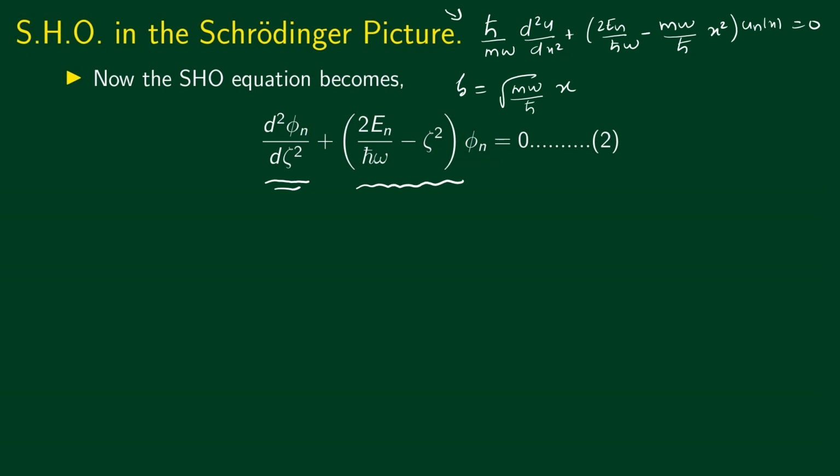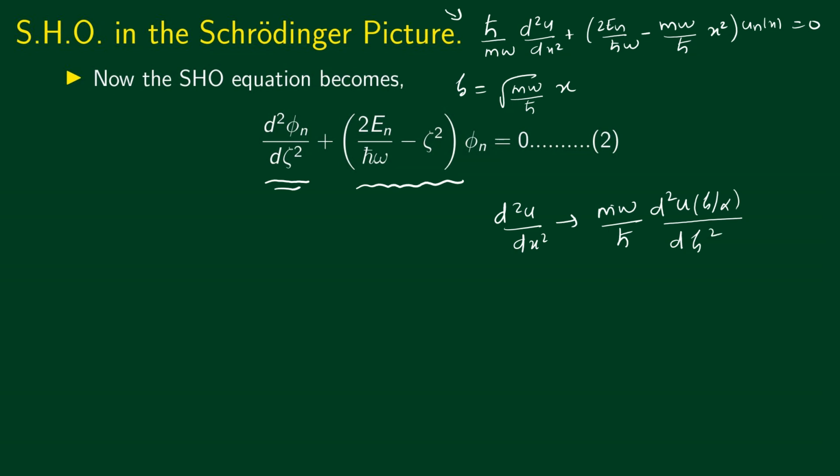And we found that d square u by dx square became m omega divided by h bar multiplied by d square u of zeta by alpha, because x is now written as zeta divided by alpha, by d zeta square.